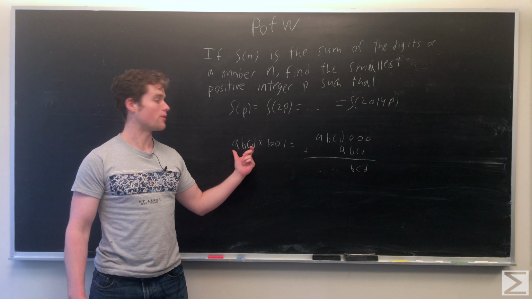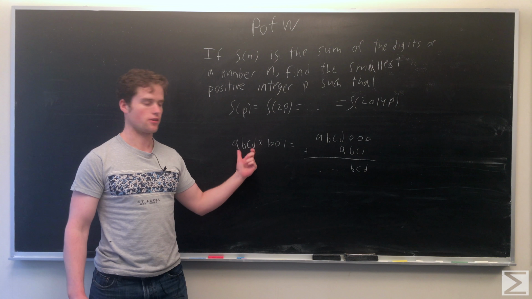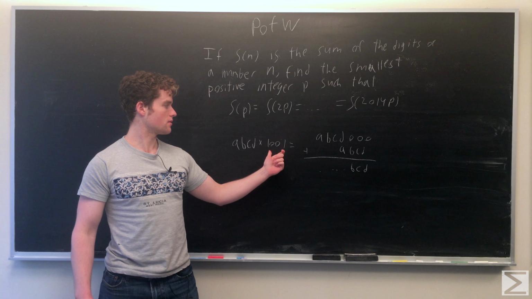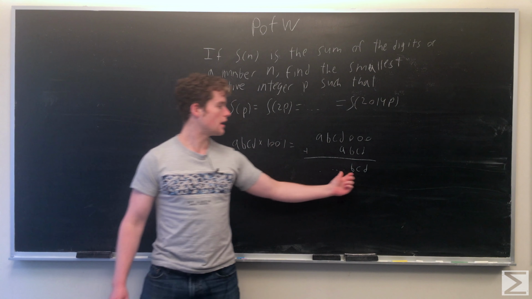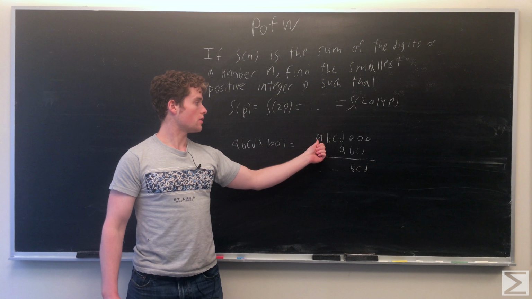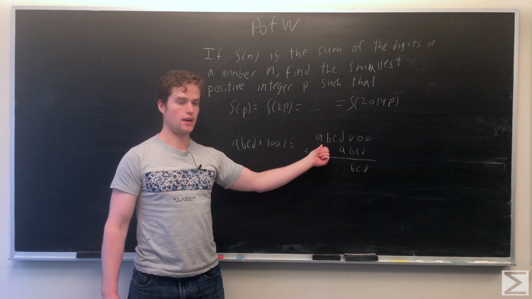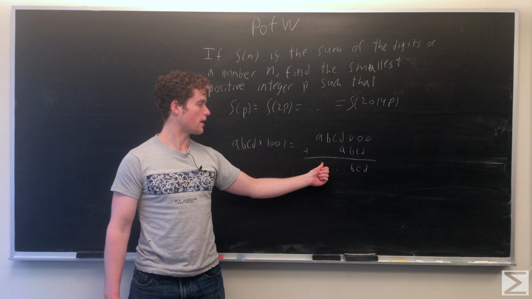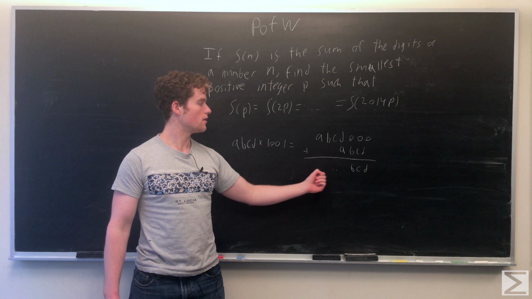So three or fewer digit numbers will not work for this. So we're going to assume we have a 4-digit number here, so A is not 0. So note when we multiply by 1001, our last 3 digits are always going to be BCD. So note if A is less than 9, then this will be A or A plus 1 down here at our final digit.